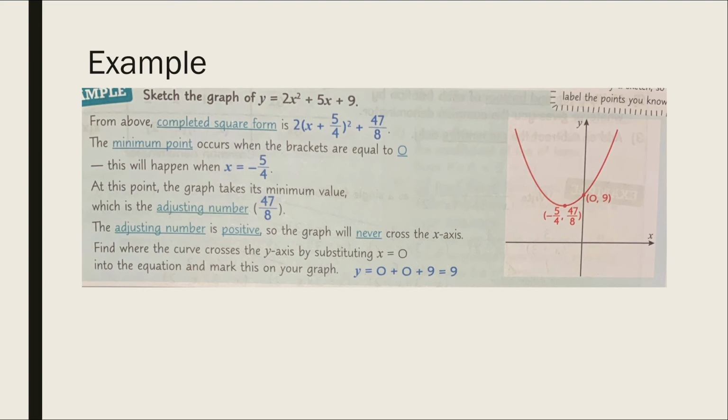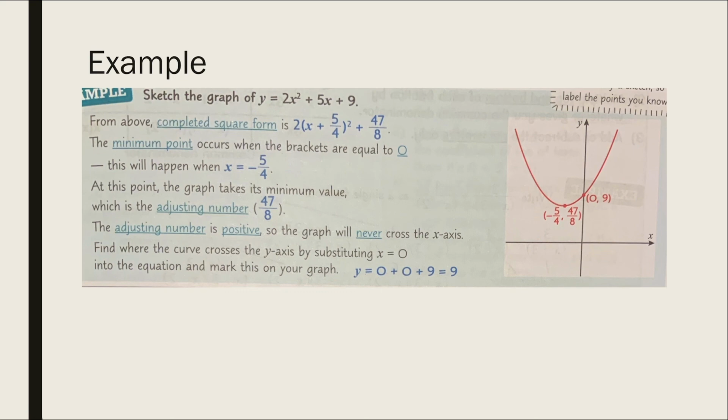Then we know the minimum point occurs when the brackets are equal to 0. So this will only happen when x is equal to minus 5 over 4, because 5 over 4 minus 5 over 4 is 0. The 2 isn't really that relevant here because 0 times 2 is still 0. So at this point, when x is equal to minus 5 over 4, the graph takes its minimum value, which is the adjusting number, 47 over 8, as I said before.